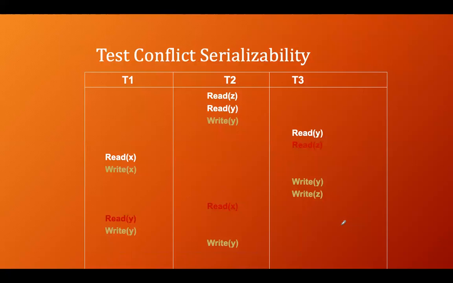Let's go for conflict serializability. Do we find any conflict here? Yes, this is one conflict: write on Y, read on Y. Then this is the write on Y and this is the read on Y. Okay.